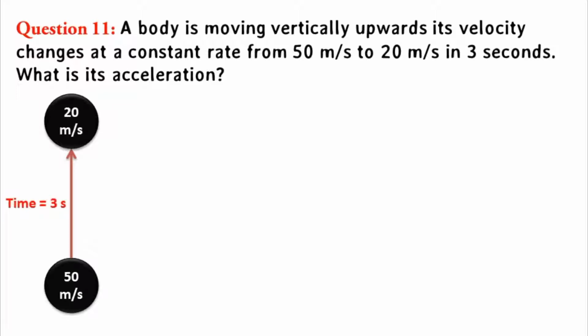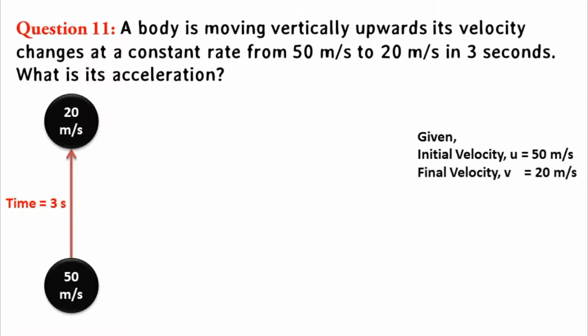What is its acceleration? First, let us write down the values that are given in the question. Here, initial velocity u is equal to 50 meter per second and final velocity v is equal to 20 meter per second. And time is given as 3 seconds.